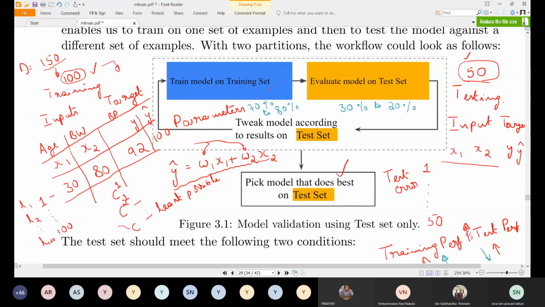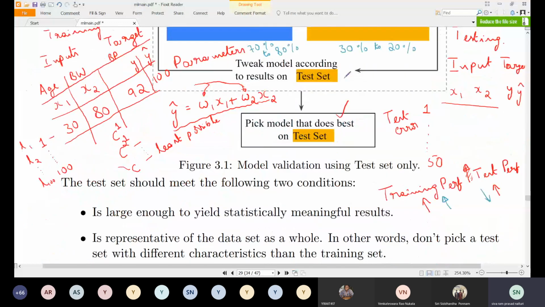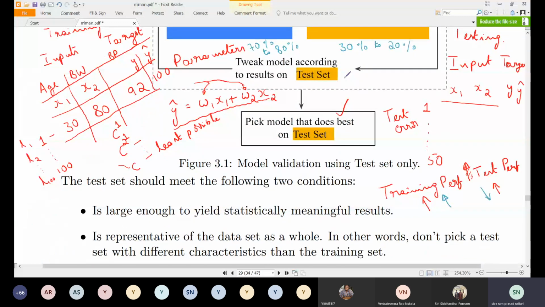So if there are duplicates and if you haven't removed those duplicate values, it may happen that there are some examples which are available in both the training set and the test set. In that case, a model, even though it hasn't learned properly, may perform well during training as well as testing.